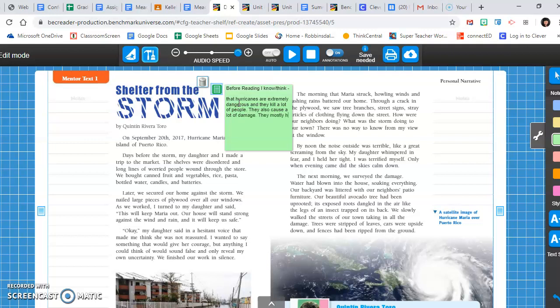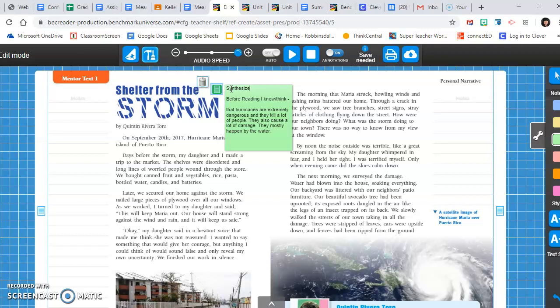They mostly happen, I think, in the south or by water. So I'll say they mostly happen by the water. Now, maybe that's true, maybe it's not, but before reading, this is what I know and this is what I think. So step 1 in synthesizing. I'll even write that label up there.